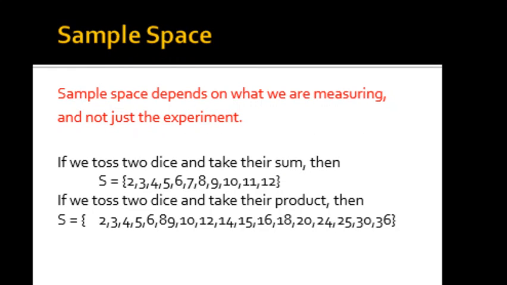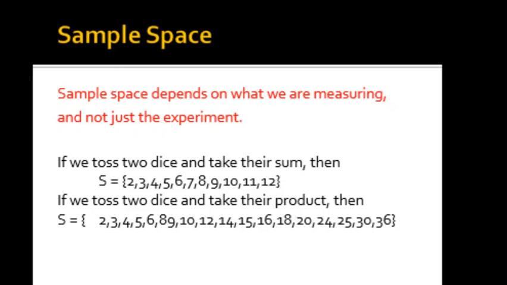Now the sample space that we write out depends on what we are measuring. It's not just what the experiment is, it also depends on what we want to measure. Let's say for the two dice experiment, tossing two dice, instead of just looking at the numbers, we are interested in the sum of the two numbers. What is the sample space?